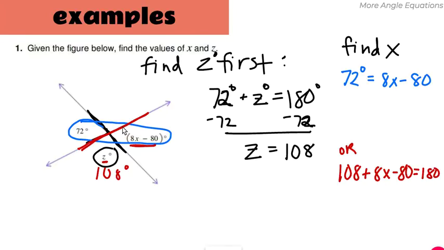So I have two options. I can either look at the supplementary angles and figure out my x, or I can use vertical angles. And honestly, at this point, it's up to you which equation seems more efficient or easier for you. More than likely, it'll be this blue one. There are less steps. So if I start solving, I get 152 equals 8x.